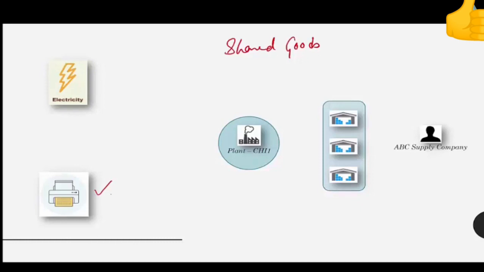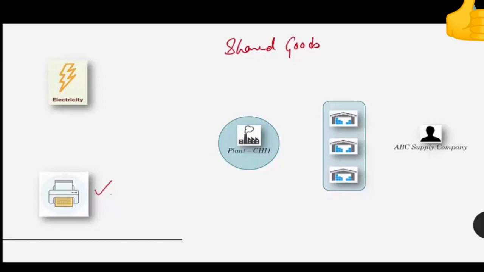Let's say the HR department needs printing paper. The finance department needs printing paper. The marketing departments need printing paper. So it doesn't make sense to order printing paper for each department, right? Order them in bulk. It's more cost efficient.